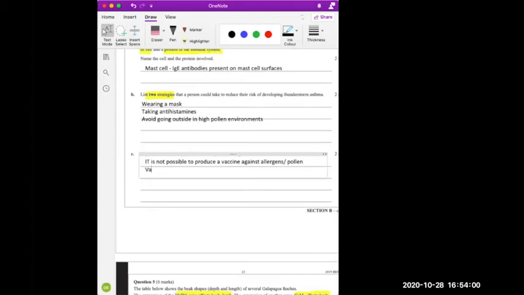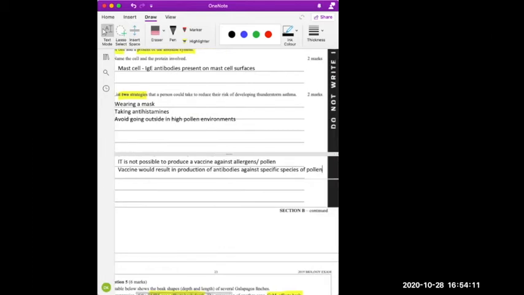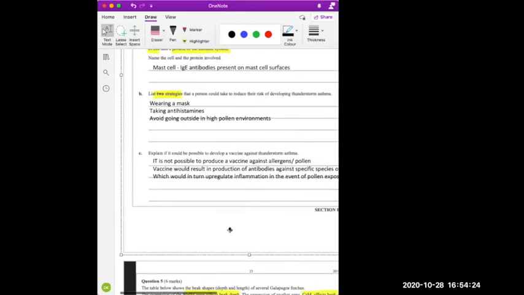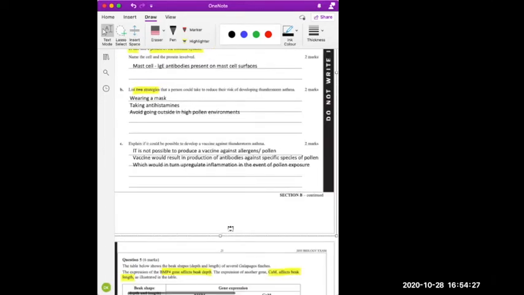So what you need to know is a vaccine would result in specific species of pollen, which would in turn upregulate, and especially for things like pollen, because you can't control your exposure to pollen in the way that you can with a food allergy.